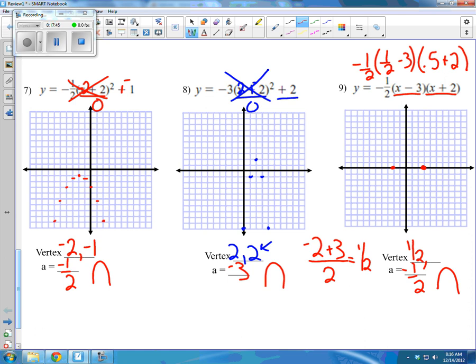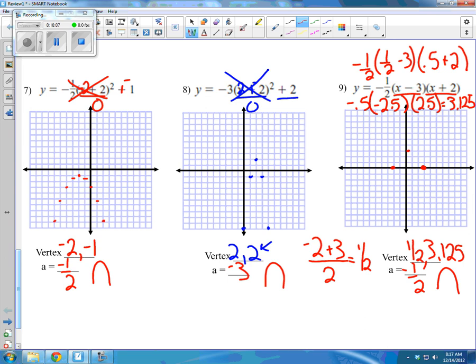So when I do that, the calculator will see this as -1/2. In my first set of parentheses, I'll get -2.5. And in my second set of parentheses, I'll get +2.5. And when I multiply all of that, I get 3.125. And that's a little tough to graph, so I'm just going to make it be about 3.